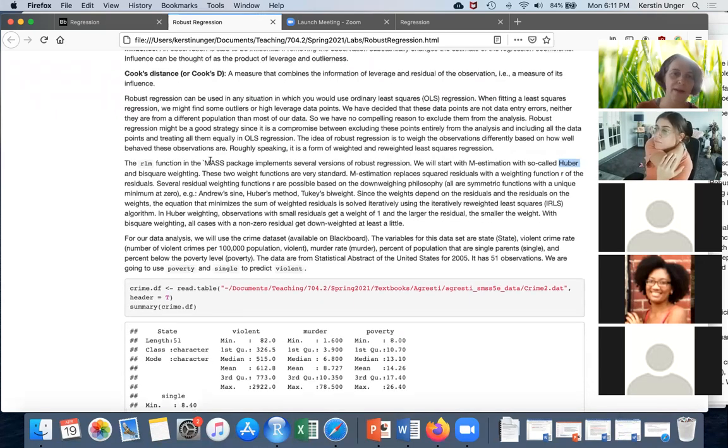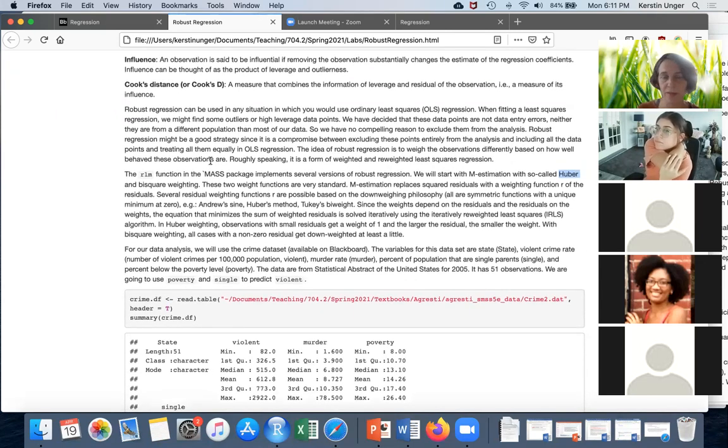There are many packages that do robust regression in R. One of the oldest and most popular ones is called the MASS package. There are actually quite a few, and especially in the past few years more have been added. That is just one that we are focusing on here, but I would encourage you to do your own research.